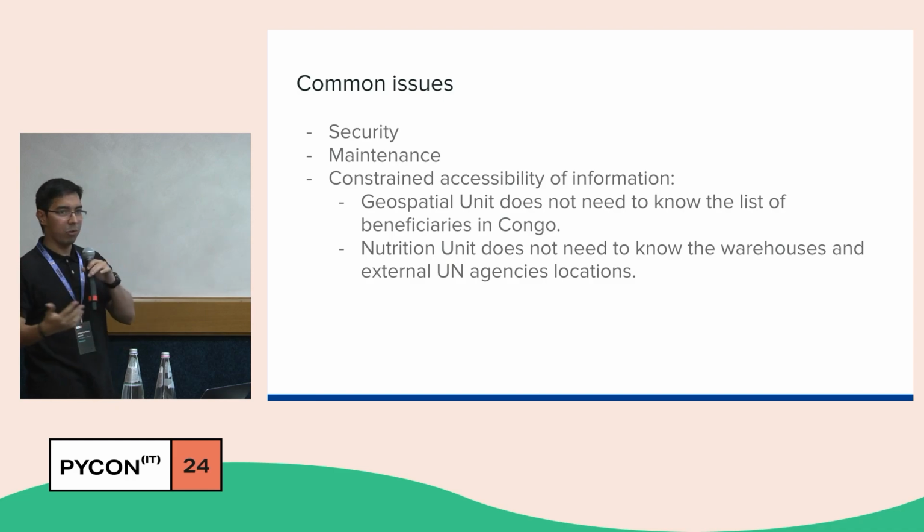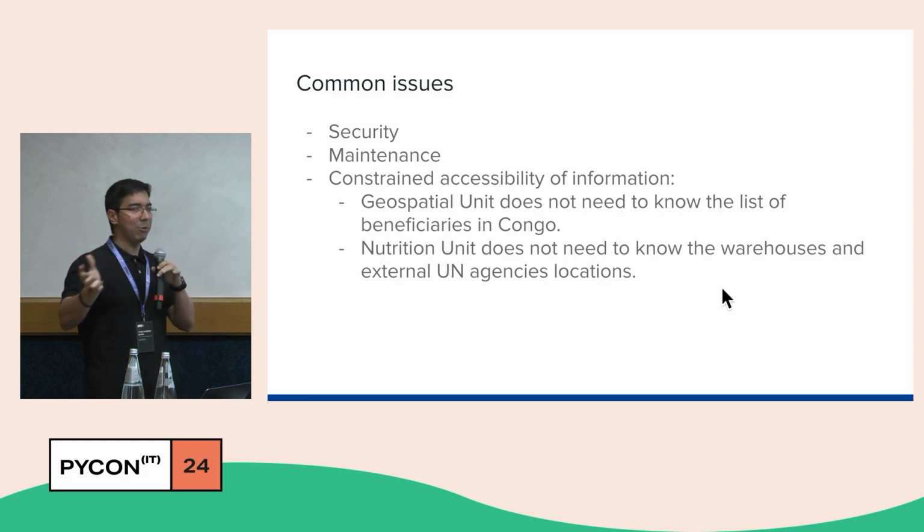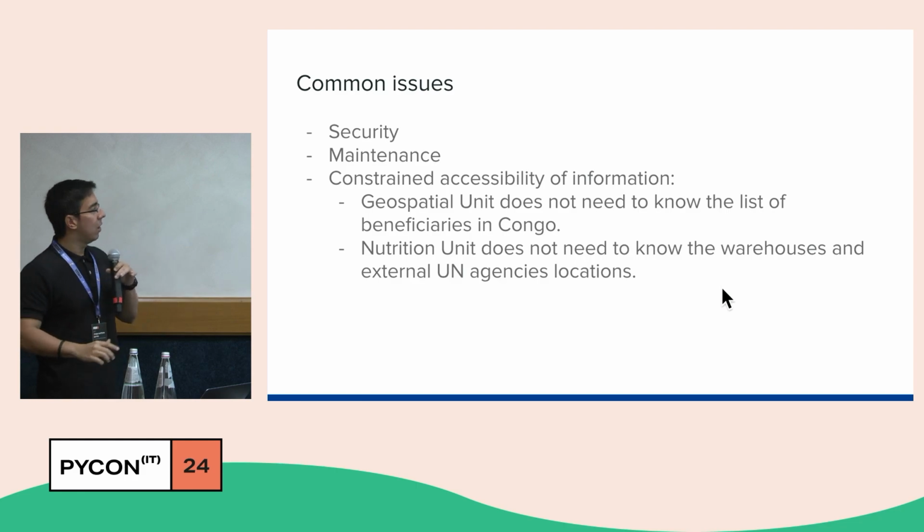I work in the World Food Program, which means that we have multiple applications, and it's not correct to let each application manage its own database of users. The ideal thing is to let the application access the global user database and then retrieve what is needed for that user. That's a security issue.